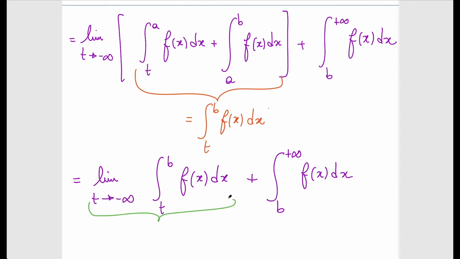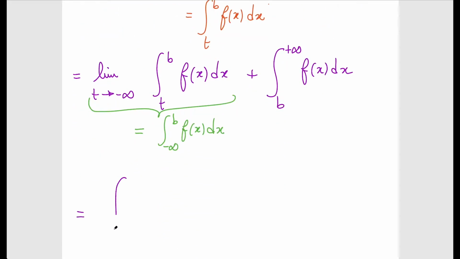And this piece, this integral, since they told us that the indefinite integral is convergent, this means that this is a finite number, and this is denoted by the improper integral from minus infinity to b of f of x dx, right? And that guy plus this guy is the desired thing. So let's finalize it.